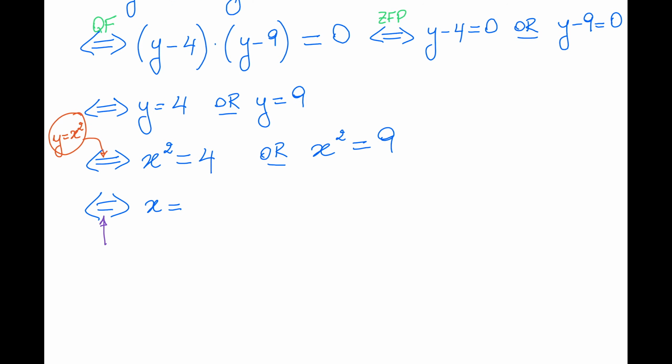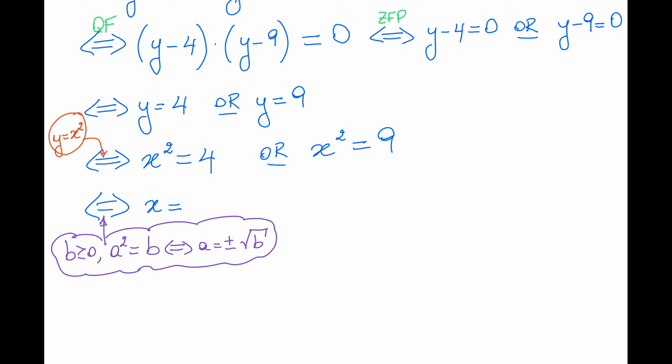What I'm using here is the fact that if a squared is equal to b, with b being non-negative, that's the same thing as saying that a is plus or minus square root of b. Remember this previous section? So that's what I'm using.